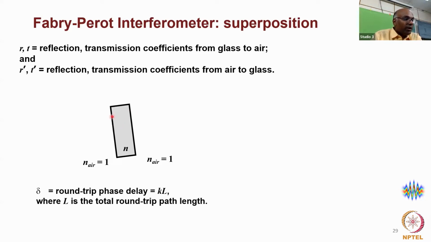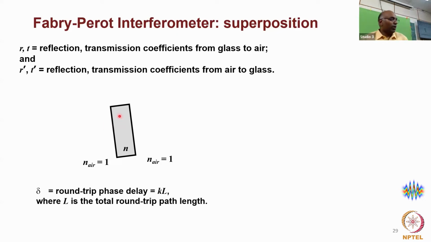But the most important aspect of this discussion is to realize that on either side of this interferometer, which is essentially a piece of glass, we have two interfaces. One is a glass-air interface, going from glass in to air out, or we have an air-glass interface going from air out to glass in.